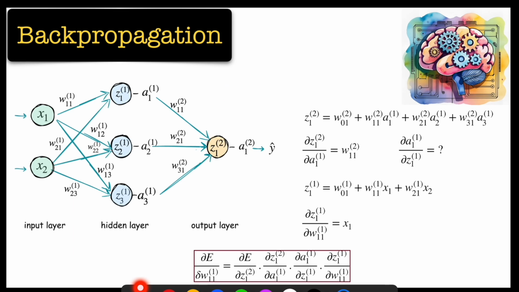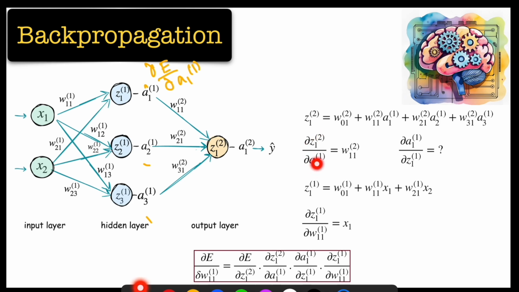So now z12 is what? This we already saw. z12 is a weighted combination of a11, a21, a31 and so on. Now what do we have to calculate next? We have to calculate del E del a11, right? With respect to these nodes we have to calculate.